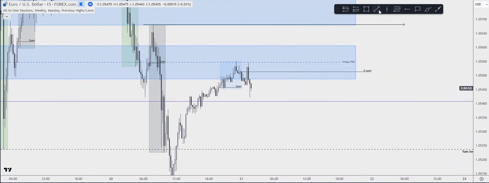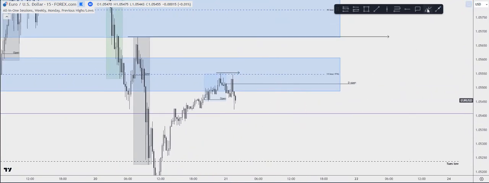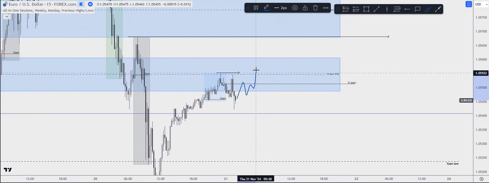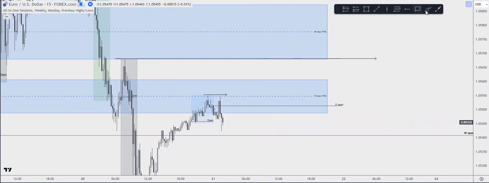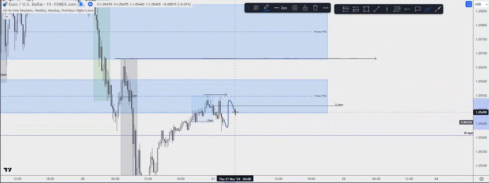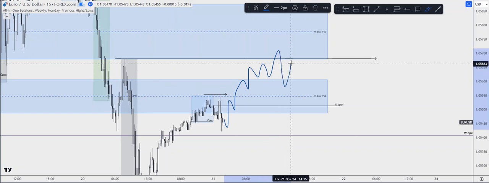okay, this level is being tagged, so I either want this to be taken out, and then I'll trade it from there, or maybe just a London session to climb, and trade it from there.